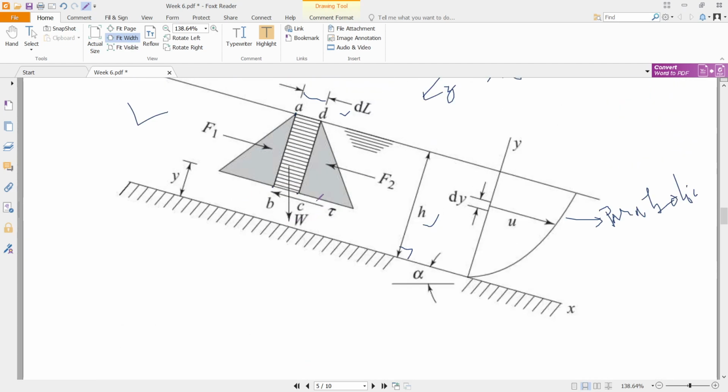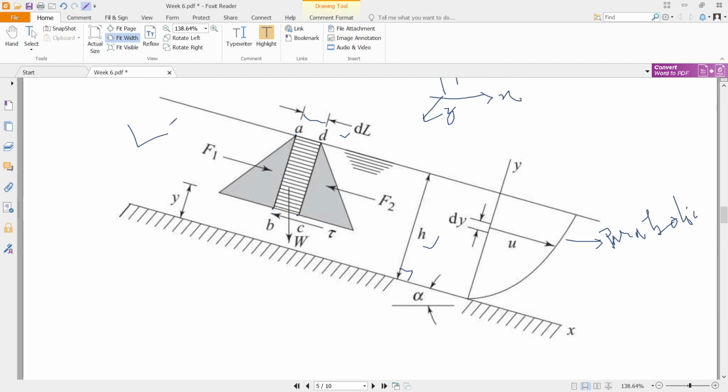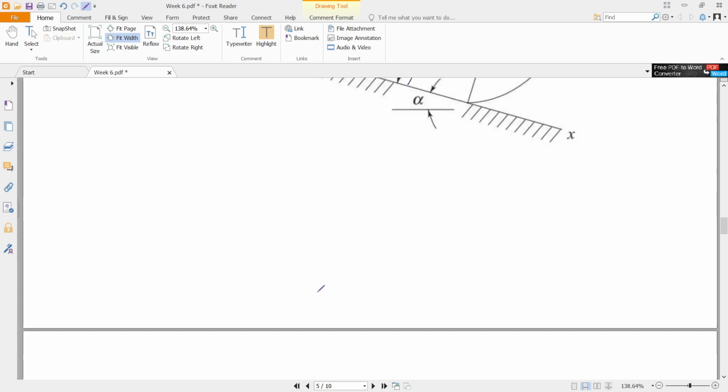Now, apart from that, what is the other force? Other force, see, if this is the flow direction, then there will be shear stress which will be acting, or there will be shear force which will be acting opposite to the direction of flow. So the shear stress is represented by tau. And then for this control volume, what is the body force? That is the gravitational force, that is the weight. Okay.